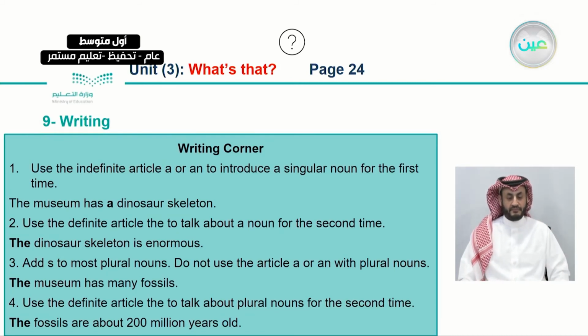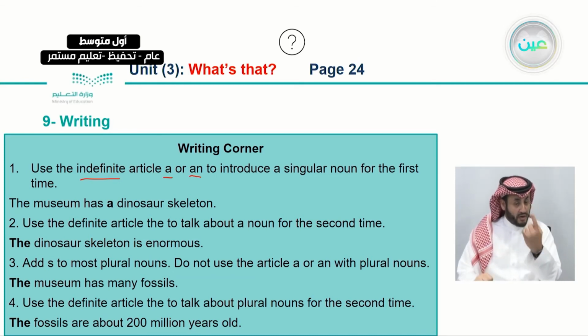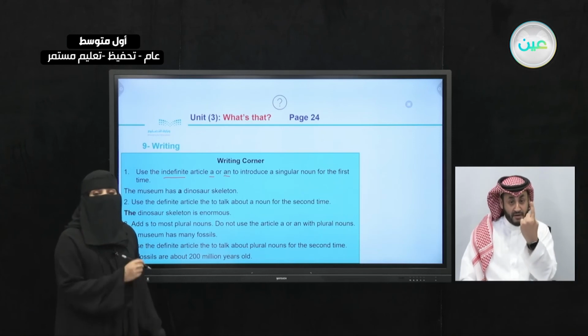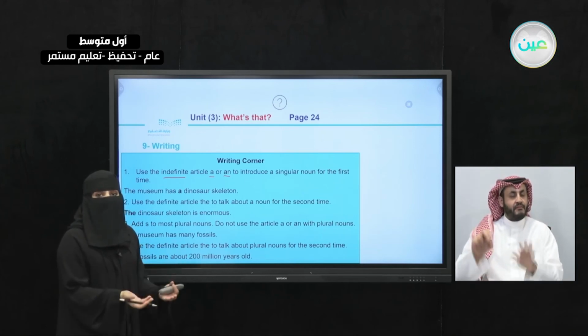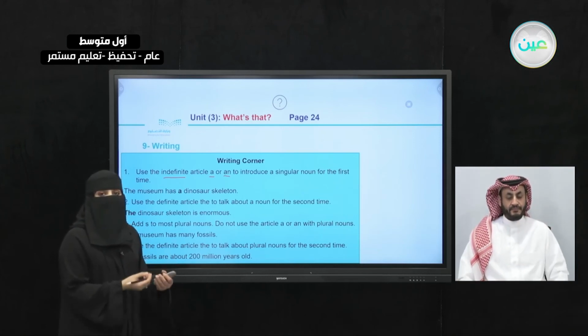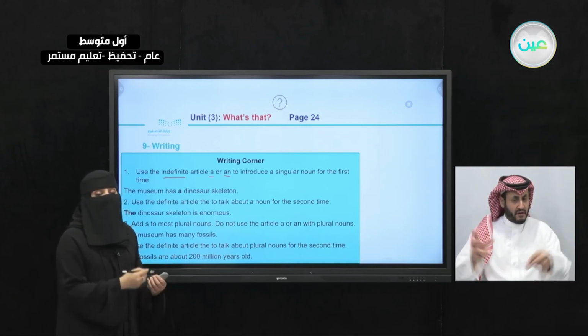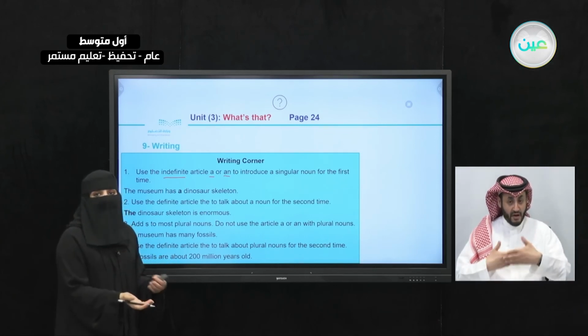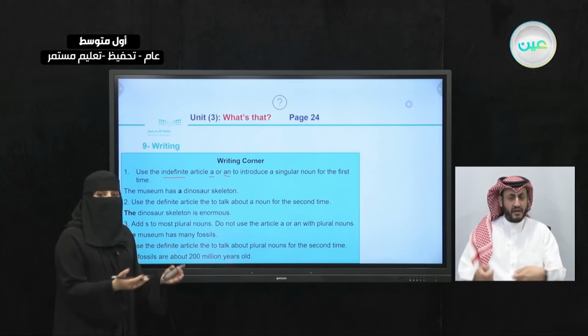In the writing corner, we use the indefinite articles such as a or an to introduce a singular noun for the first time. What does that mean? Remember, writing is an output skill. So you're about to share your thoughts with your readers.